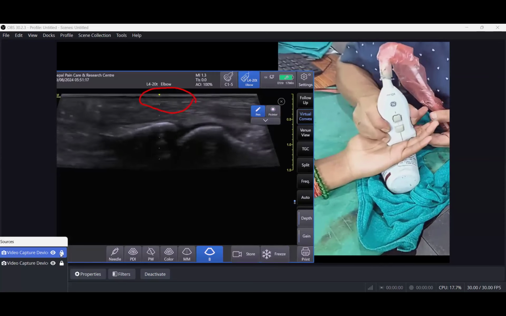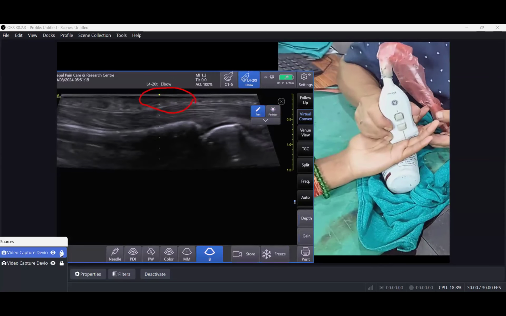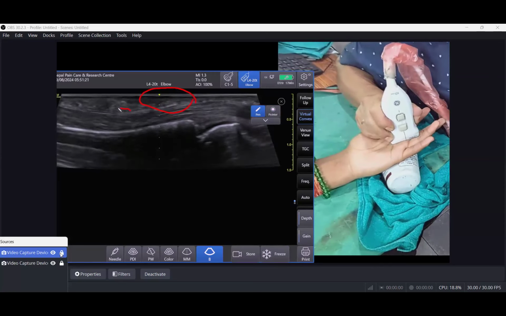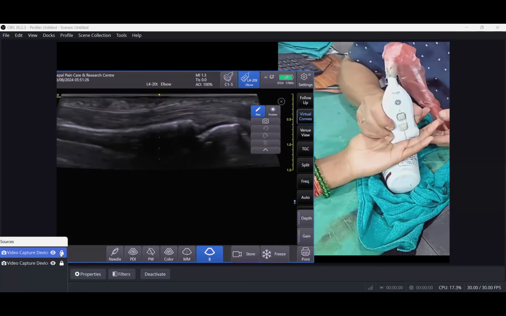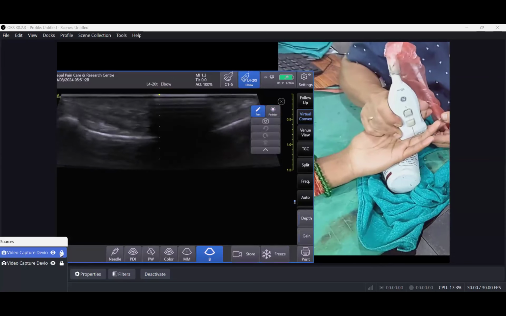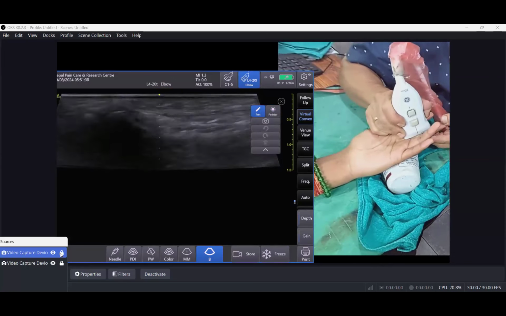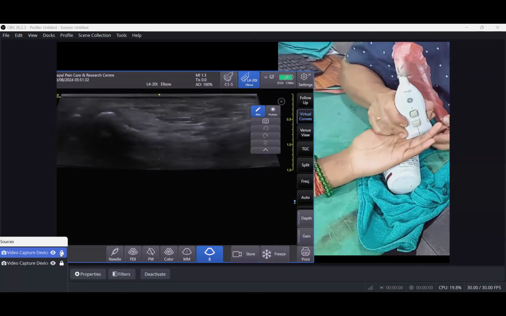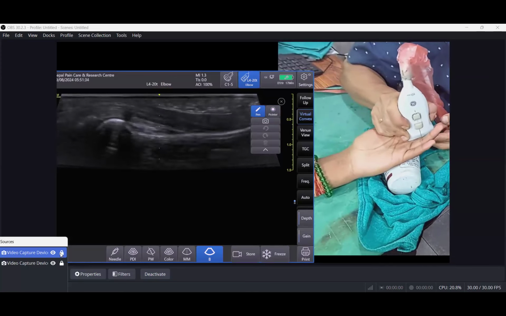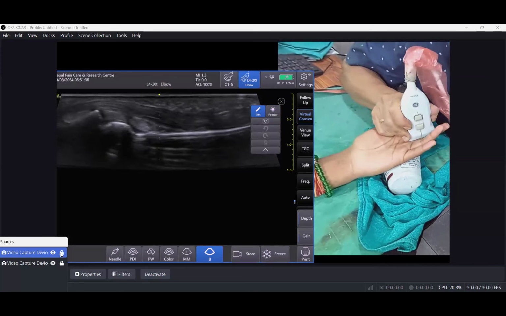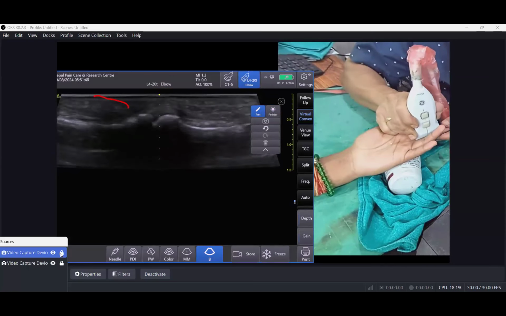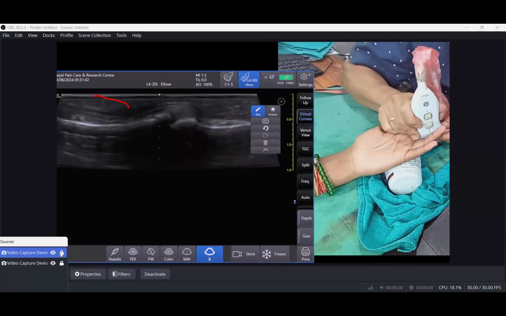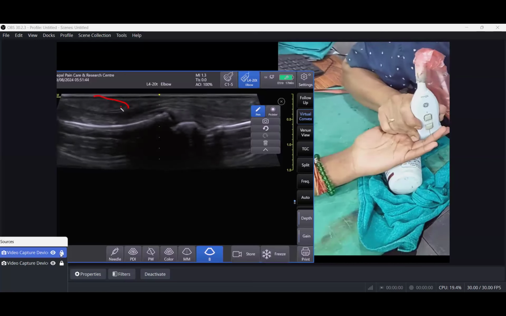If we come more distally, this is the location of A2 pulley over the shaft of the bone. If you come more distally over the interphalangeal joint, there will be the A3 pulley. If I come more distally, over the shaft will be the A4 pulley.